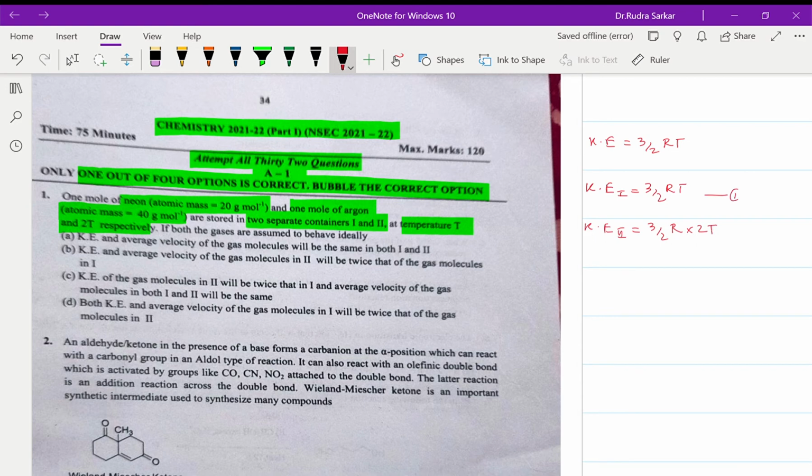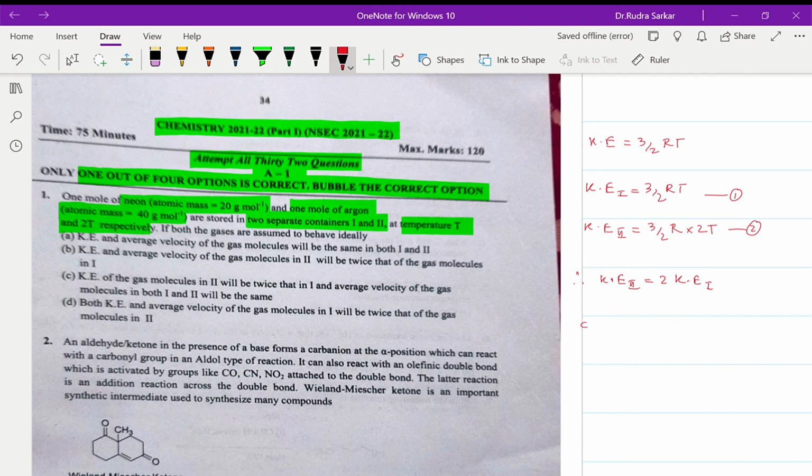So say this is equation 1 and this is equation 2, then it will give us kinetic energy 2 is nothing but twice of kinetic energy of container 1. Obviously of the molecules I meant.